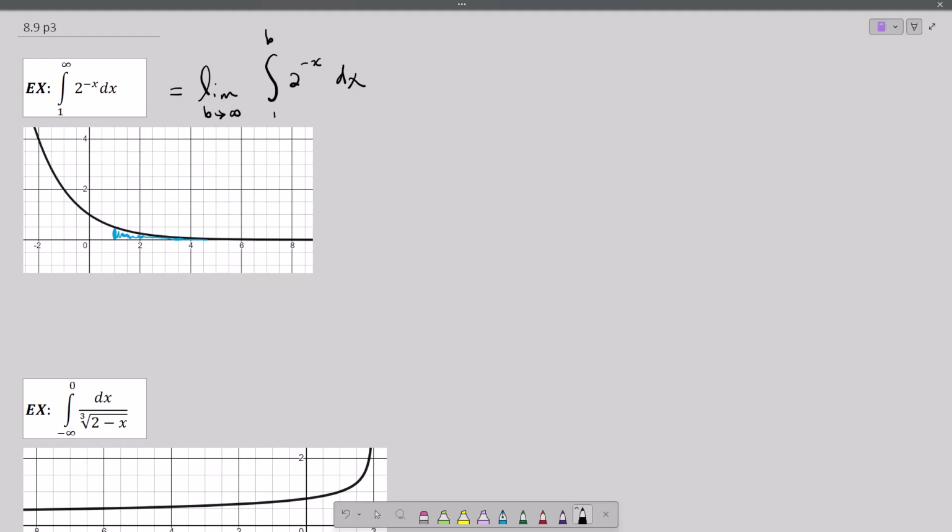First we have to integrate that exponential function. It has one little twist. It's not e to the negative x. It's an exponential function with base 2. So we have to remember the little tweak, which you should have learned in Calc 1, when your base is not e.